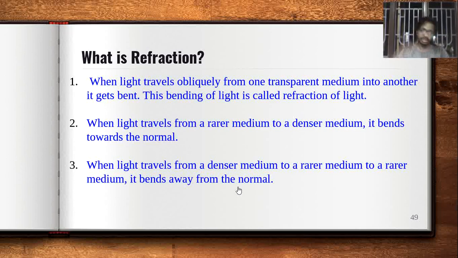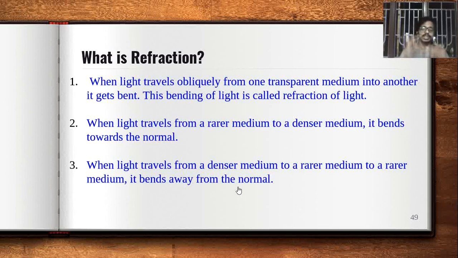Second point: when light travels from a rarer medium to a denser medium, it bends towards the normal. What is the normal? In the reflection part I told you that there is a plane where the light strikes, and at that point there is a normal to that plane. Here also there is a plane in the medium. When the light travels from a rarer medium to a denser medium, it will bend towards the normal.